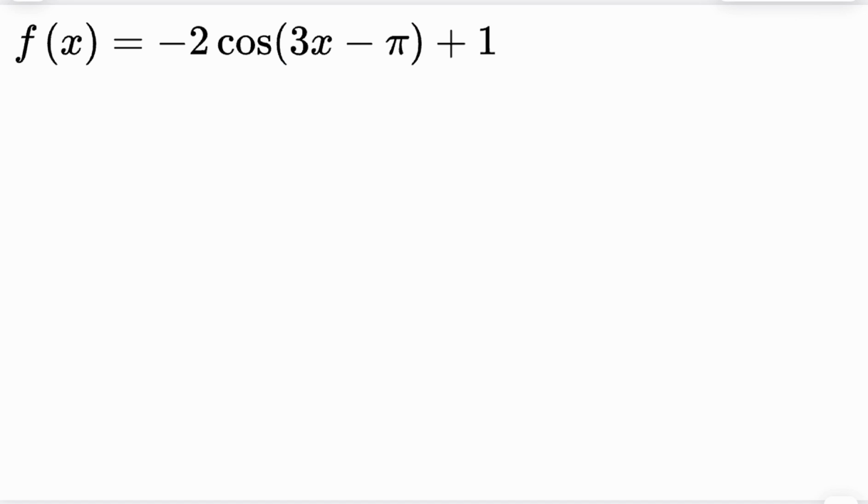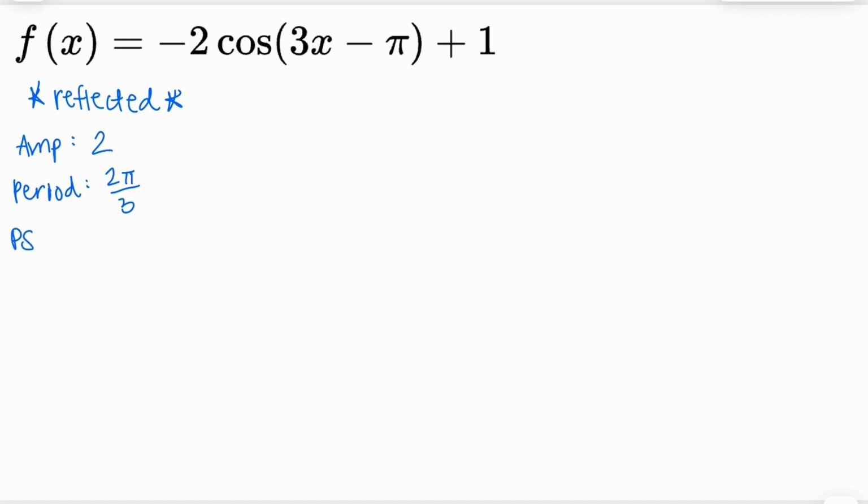Okay, let's jump right into things. I'm going to start by noting that it has been reflected. My amplitude is going to be 2 because the absolute value of negative 2 is 2. My period is going to be 2 pi over 3 because I will do 2 pi divided by b.